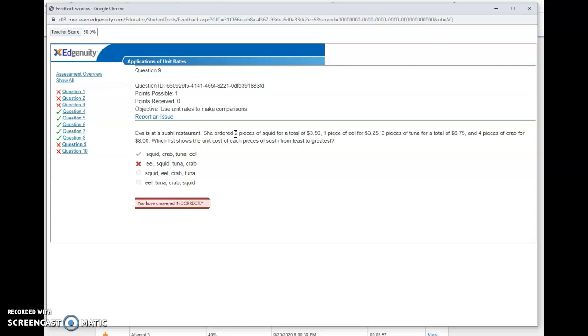So we got $1.75 for the squid, $3.25 for the eel, $2.25 for the tuna, and $2 even for the crab. It looks like eel is the most expensive, and the only one that has eel as the most expensive is the first one. So eel being the most expensive at $3.25 would have been the right answer there. I'm not even going to look at the rest of them because I know eel is the most expensive, so it has to be last.